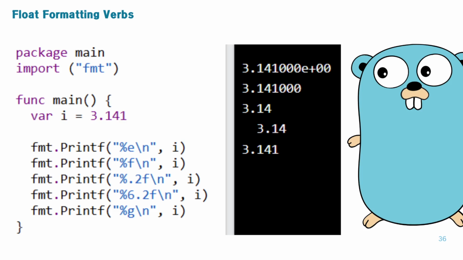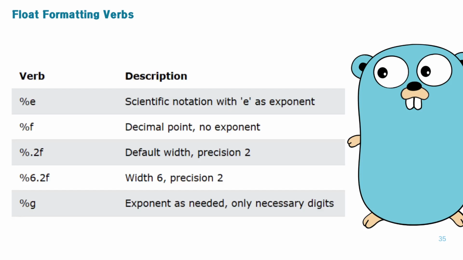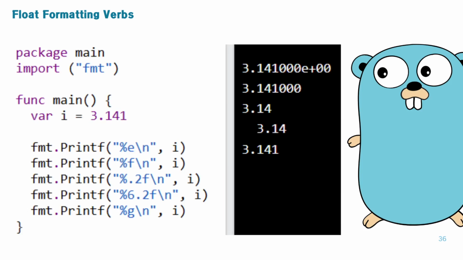Then %.2f is to the precision of 2, and %6.2f has a width of 6 but precision of 2, and %g is basically exponent as needed, only necessary digits. So if an exponent is needed, then it will automatically add it. Otherwise, it is basically similar to %f but without trailing zeros.